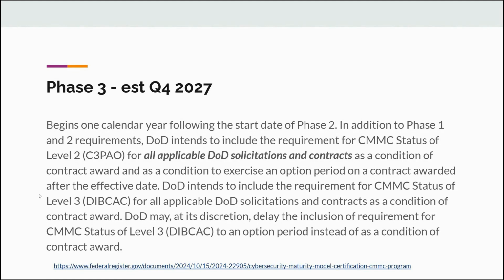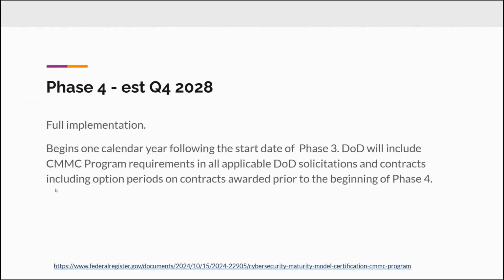So phase 1, some. Phase 2, most. Phase 3, all. Phase 1, self. Phase 2 and 3, C3PAO required assessment to happen. And then to wrap up, 2028 going into 2029, full implementation.